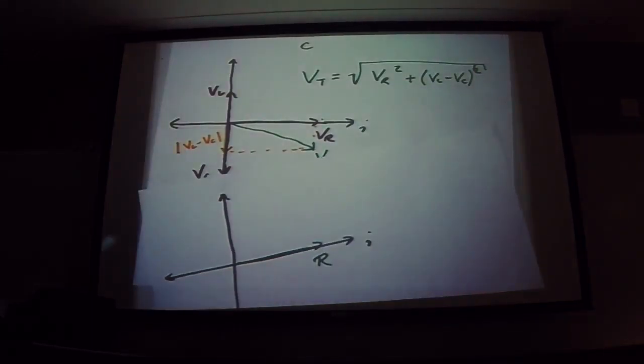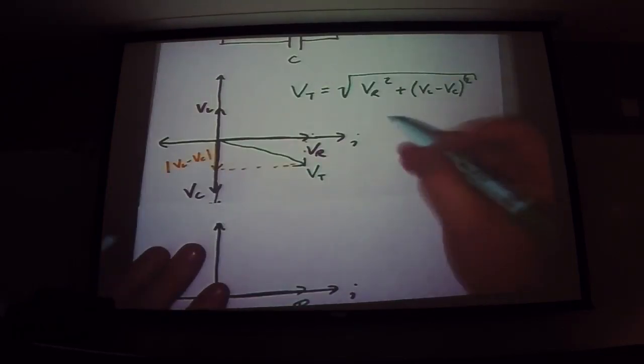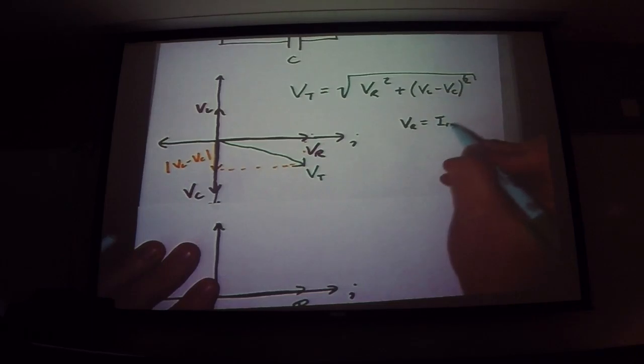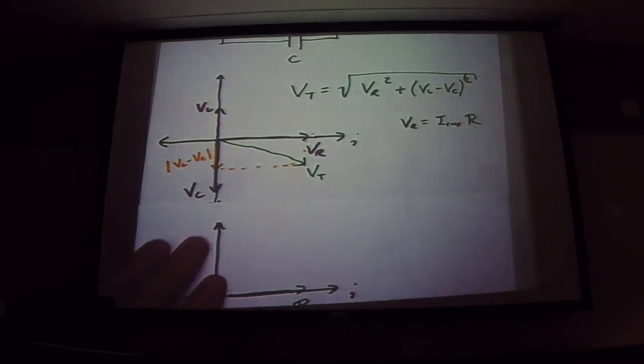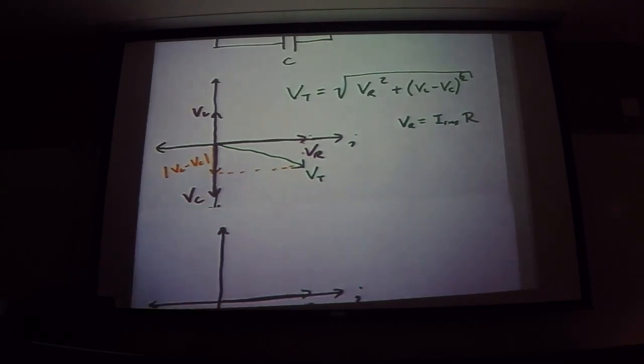Yeah, the reactance. So remember when we defined each of these, we said that VR was just the RMS current times the resistance. There is no reactance with that. If we did call it a reactance, we'd say it's the resistance itself.